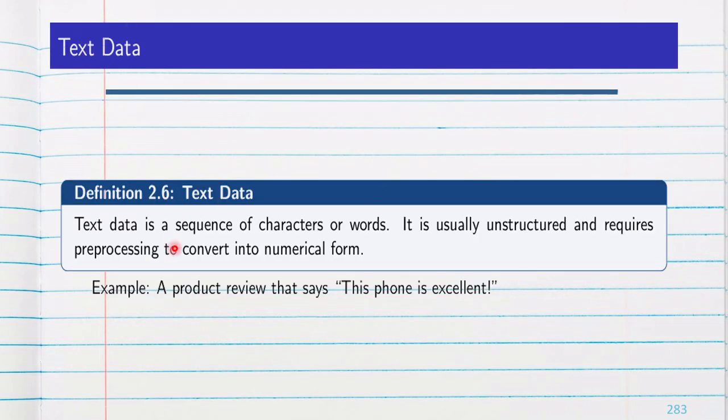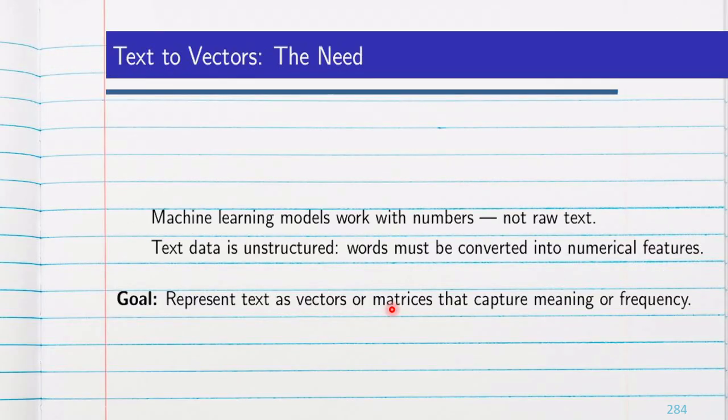Then about text data. Text data is a sequence of characters or words. It is usually unstructured and requires pre-processing to convert it into numerical form. In machine learning, algorithms accept numerical forms; we cannot input text data into the algorithm. An example is a product review that says, this phone is excellent.